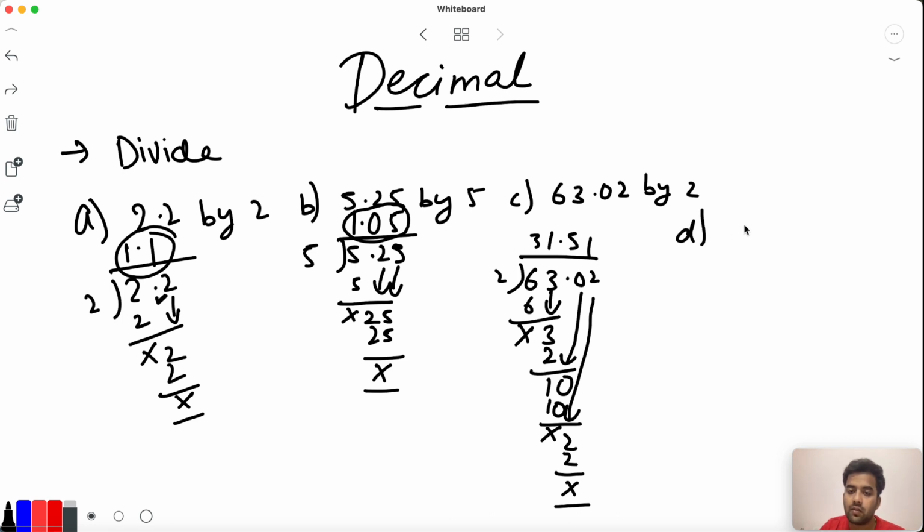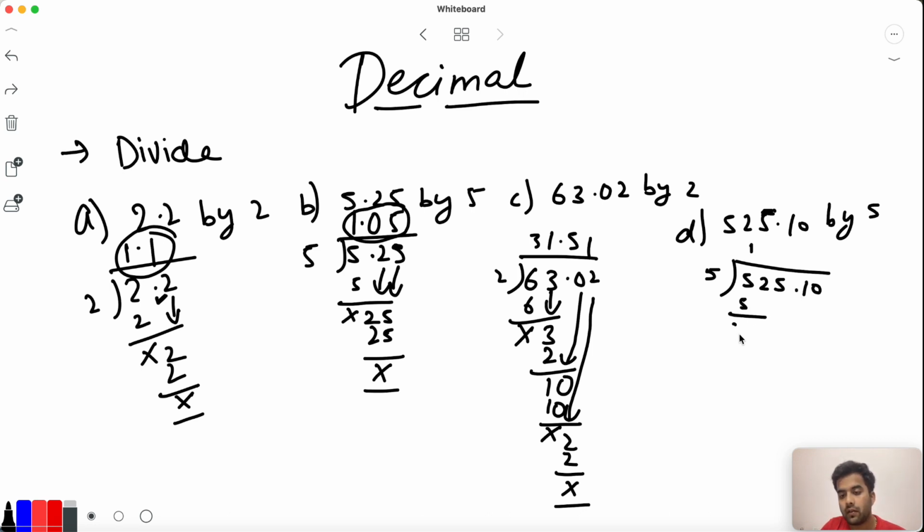And the last, I will solve again. This one, 10 divided by 5. 5 twos are 10, decimal. 1 time 5, cancel.